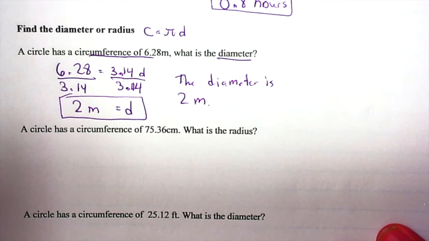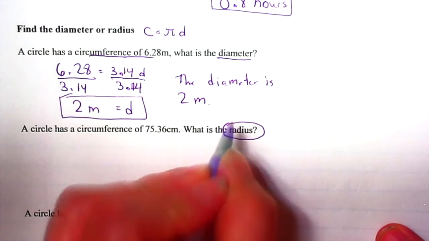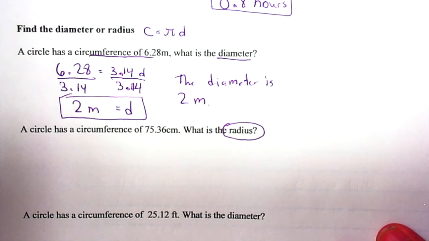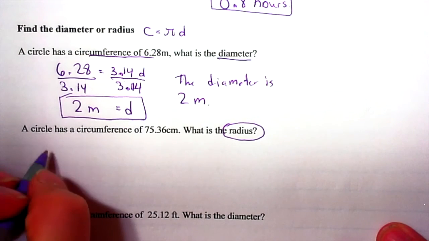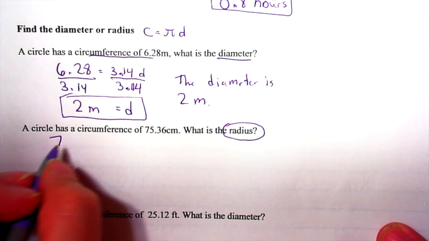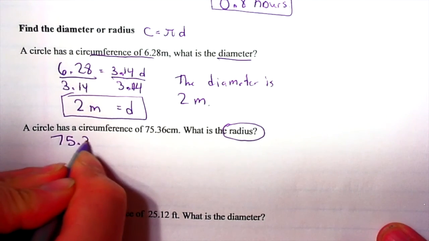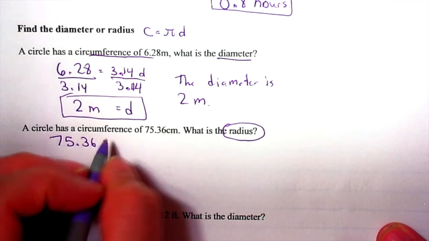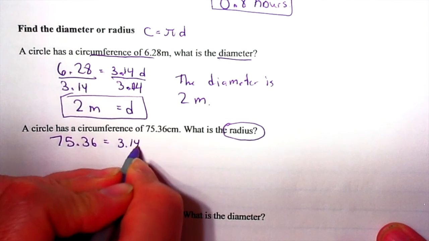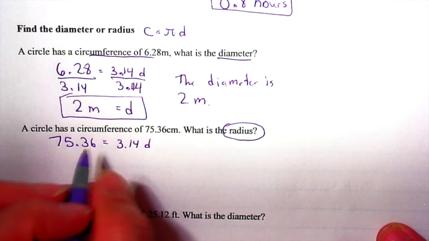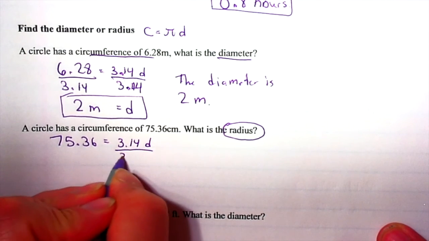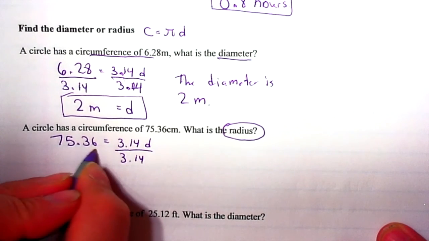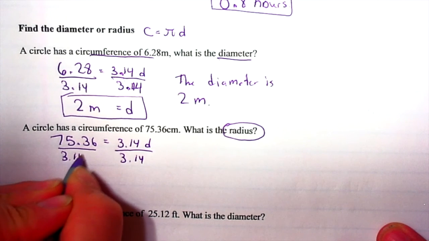Now in the next one, I'm still going to use the same formula, but here I want the radius. Well, the first thing I'm going to do is just put 75.36 equal to 3.14 times the diameter. Divide those two out, 3.14.